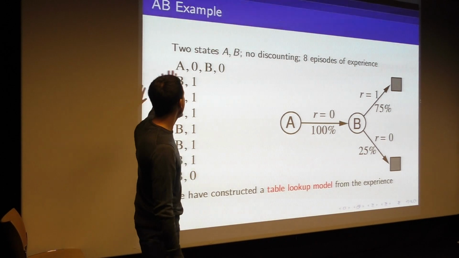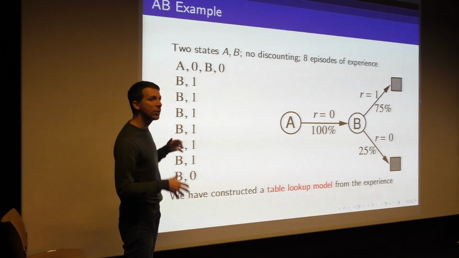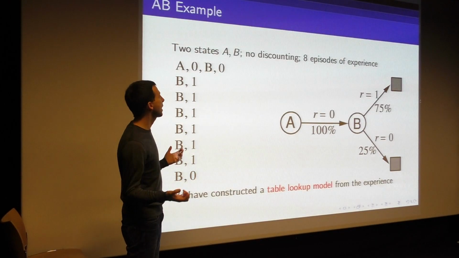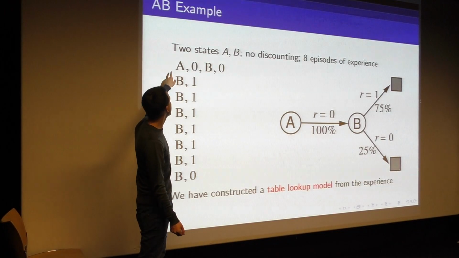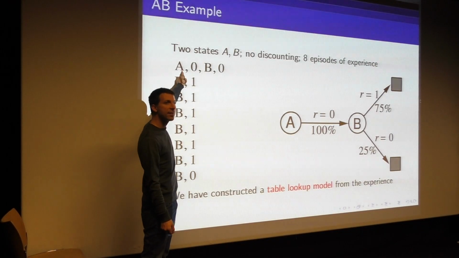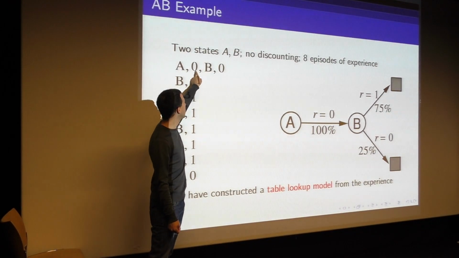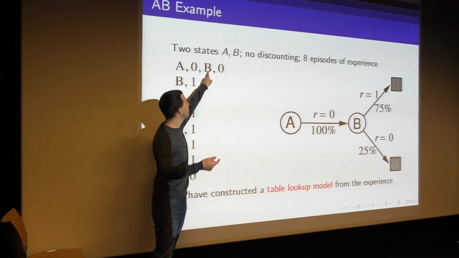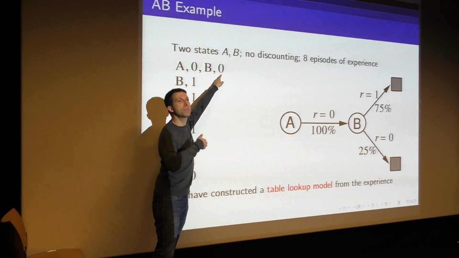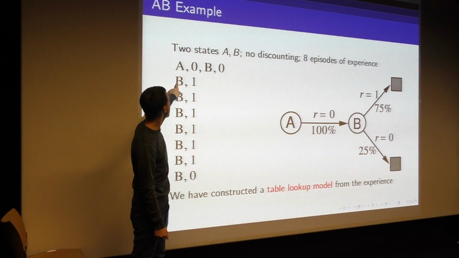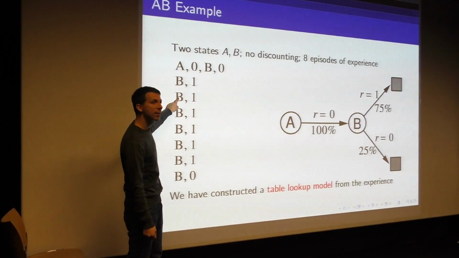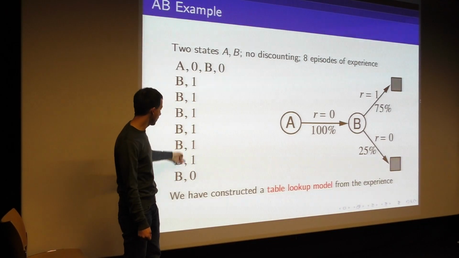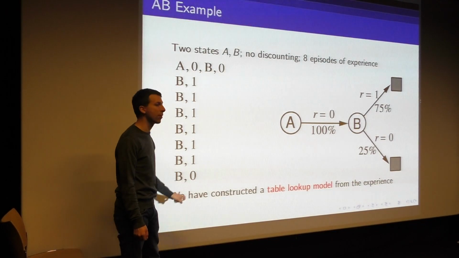Just to remind you of this problem, we've got two states with no discounting, and we see these episodes of experience from state A and state B. On the first episode, I started in state A, got reward 0, then went to state B, got reward 0, and then the episode terminated. Second episode, I started in state B, saw a reward of 1. Next episode, started in B, reward 1, until finally I started in B and got reward 0.